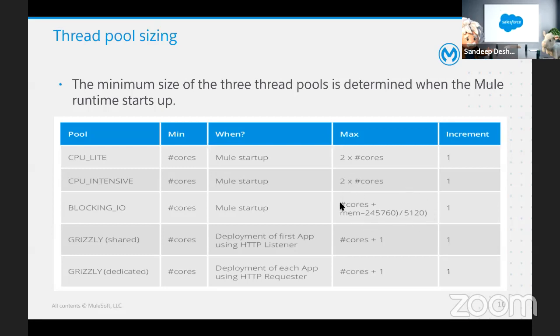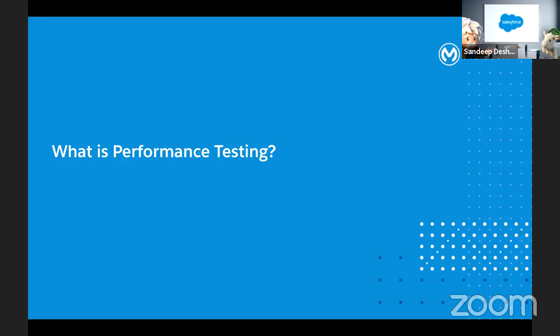The blocking IO pool is calculated using its own formula, so depending on the cores you have, you'll get that many blocking IO threads. So now that we understand how the threads are calculated, that's the auto tuning part of the Mule 4 execution engine.